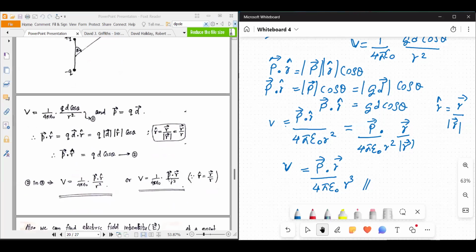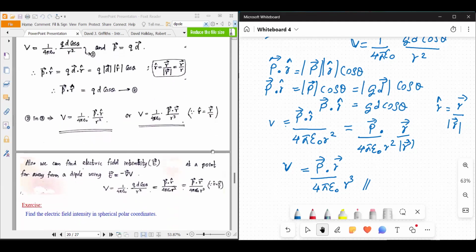So r unit vector is equal to r vector over the magnitude of that vector. Then potential is also equal to dipole moment dot r vector connecting the midpoint of the dipole and the point we are interested in, over 4 pi epsilon naught times r to the power 3.